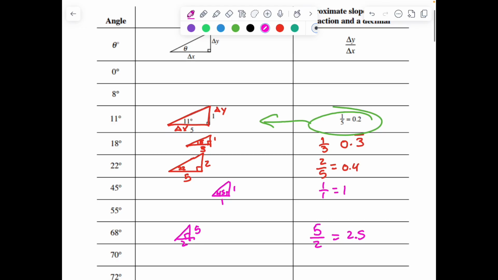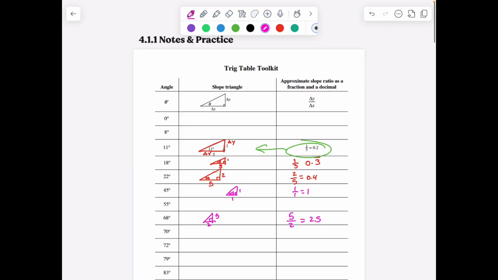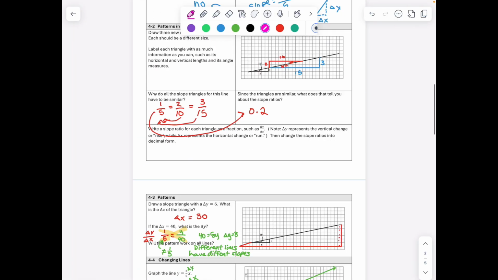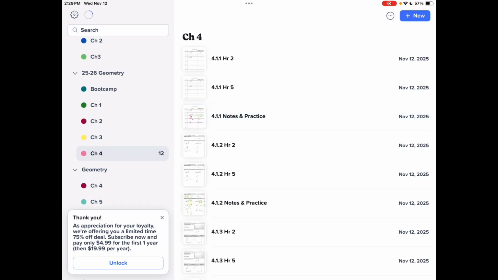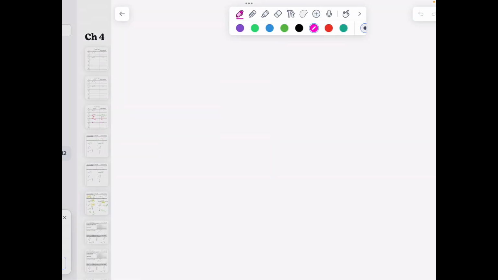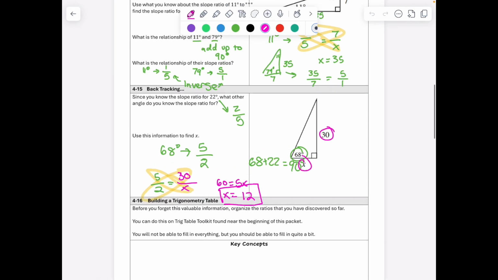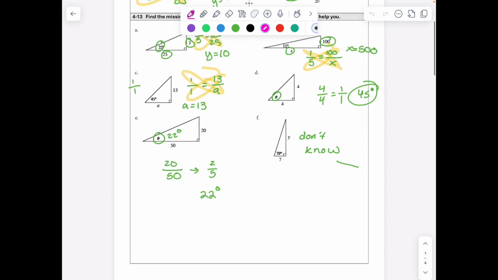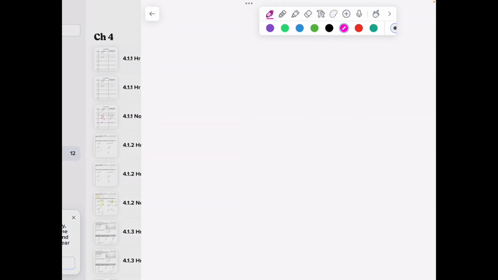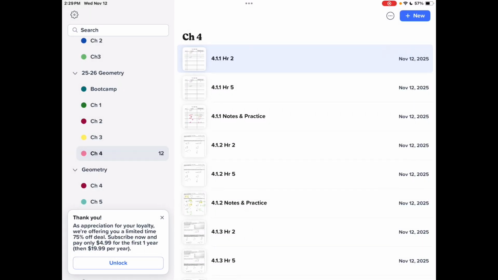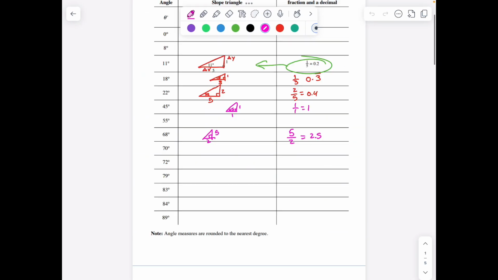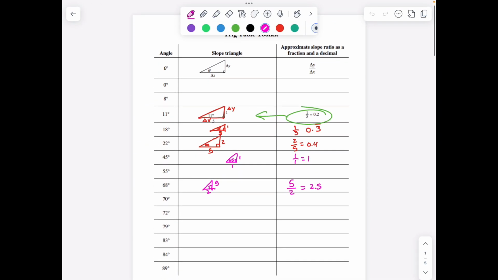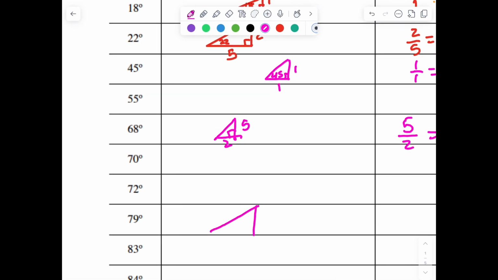Let's see, we also did 79 and 11. We can fill out 79. That was inverse to 11.